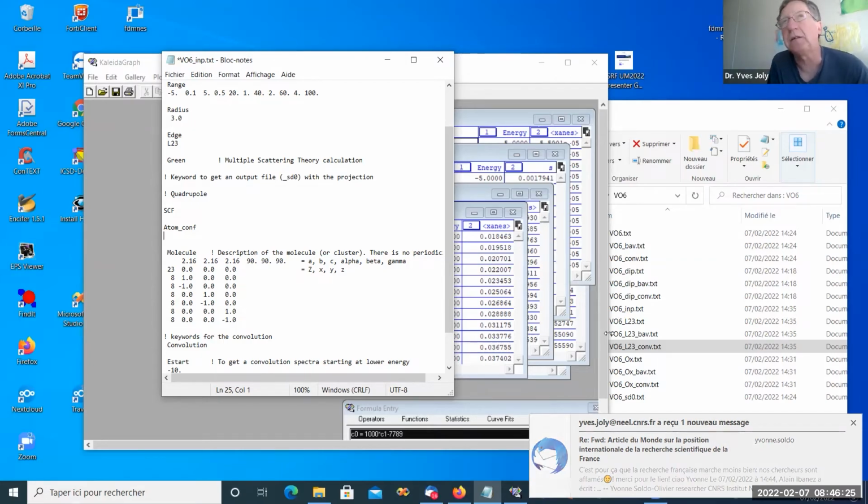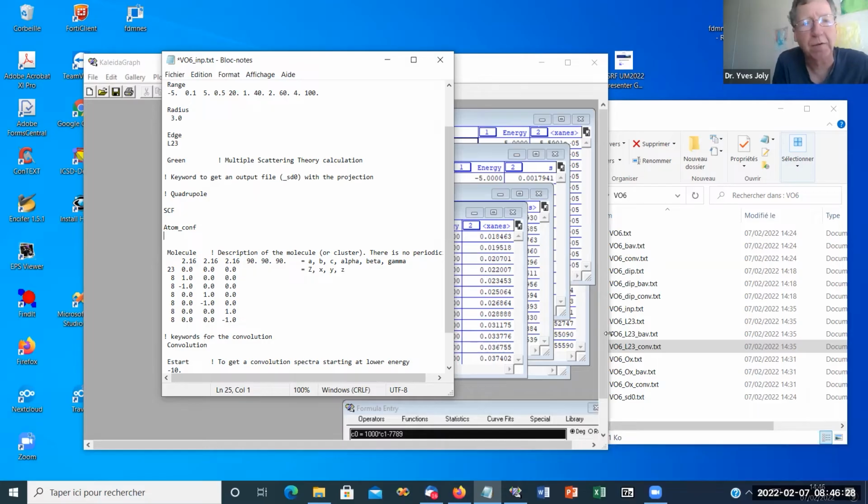To say that, I have to define the orbitals where I have the electrons or not. So below atom conf, you say I am going to define one atom, and this atom will be the number 1 in the list below.